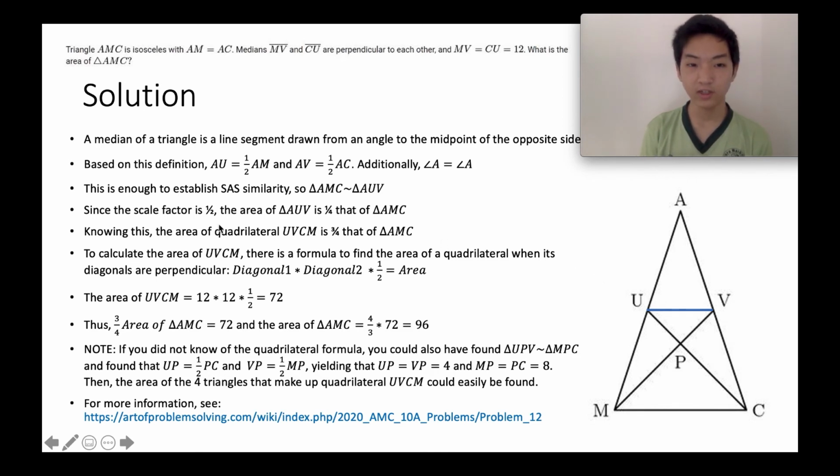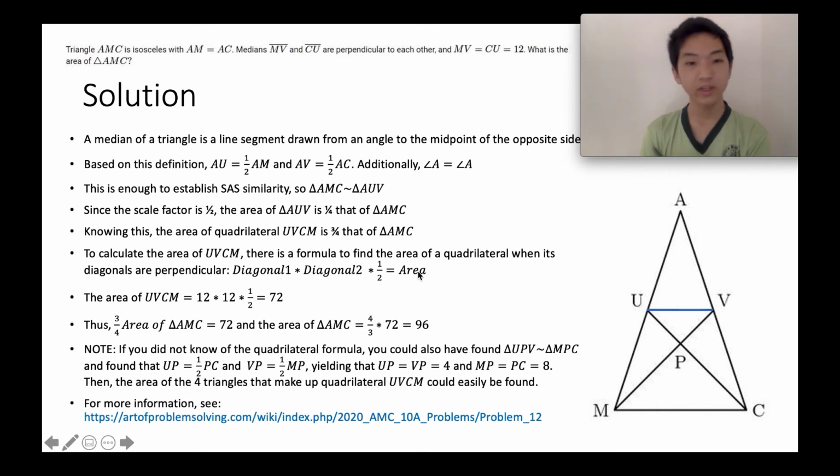Well, here I said the scale factor is 1/2, which it would be from AMC to AUV. You just swap it around to the reciprocal. So the area of AUV is 1/4 that of AMC. In case you didn't know, the area of a figure compared to a similar figure is always the scale factor squared.